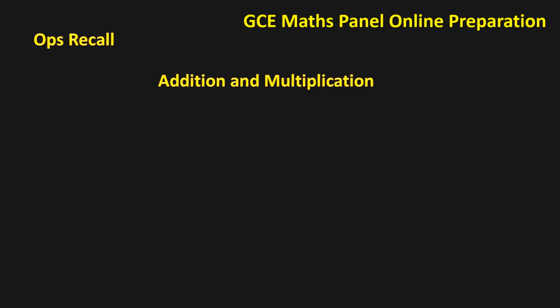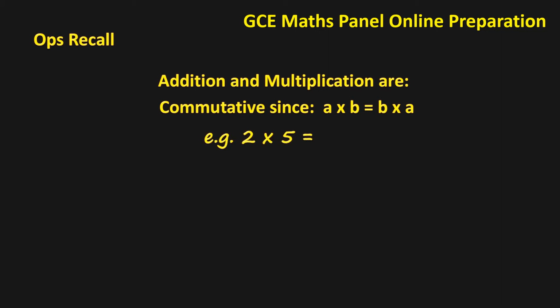Recall as well that addition and multiplication are commutative operations. Why? Because when you swap the positions of the numbers before and after the operation, the results remain the same. For example, A times B is the same as B times A. 2 times 5 is the same as 5 times 2, giving the same result, and it holds the same for addition. 2 plus 5 is the same as 5 plus 2, the results are the same.